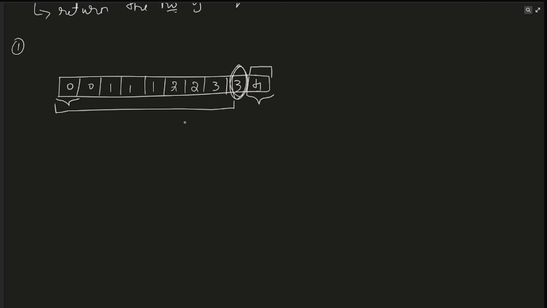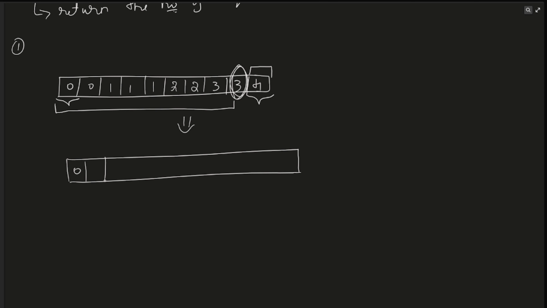Let me dry run it. I'll repeat the array for your understanding purpose: 0 two times, 1 three times, 2 two times, 3 two times, then 4. We can have a length variable initialized to the capacity of the array, which is arr.length.